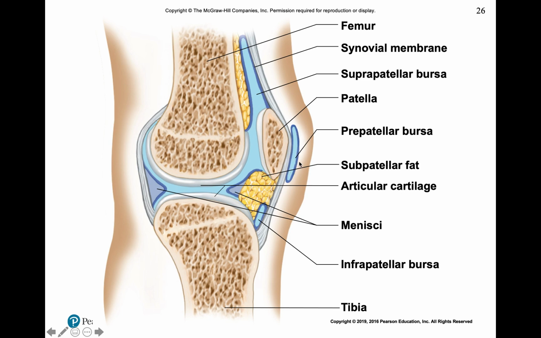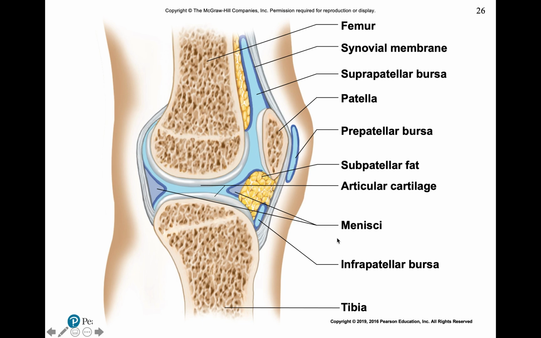And so this bursa is a fluid-filled sac that helps reduce friction in those areas. It adds just a little bit more padding there, all right, between bony projections and soft tissues like the skin, okay?